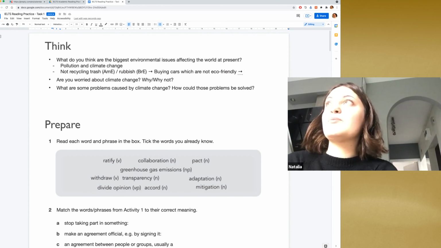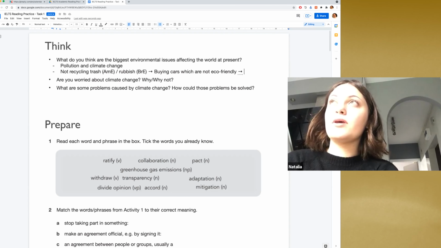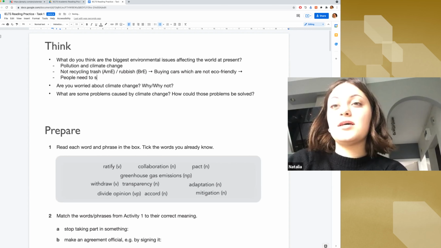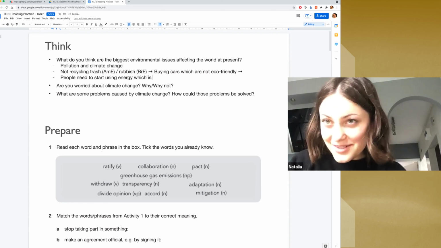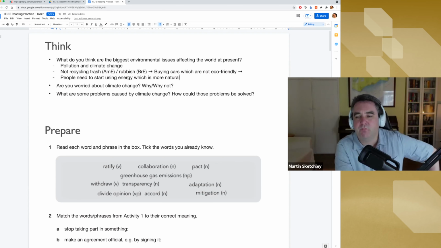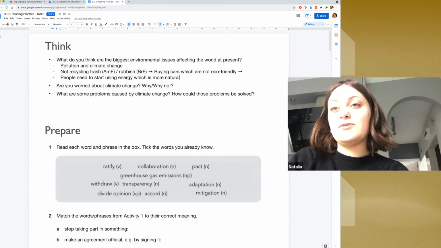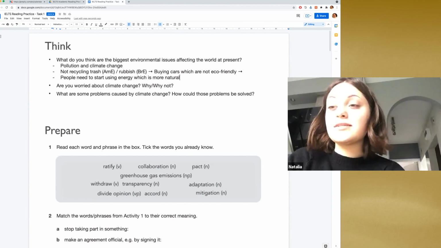I think that people need to start using the energy which is more natural, to use the nature to produce the energy, such as solar system or wind systems.